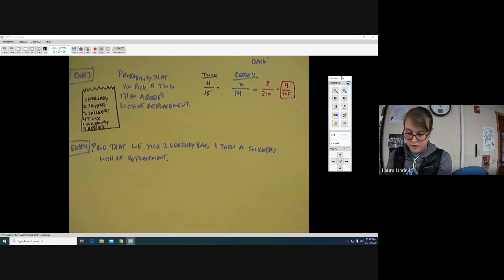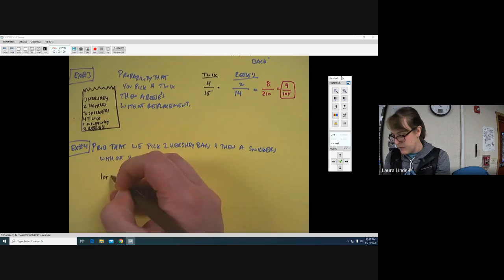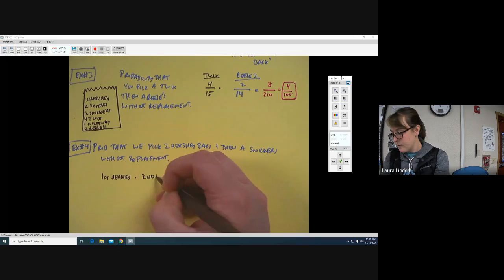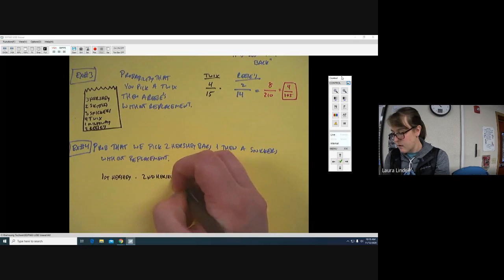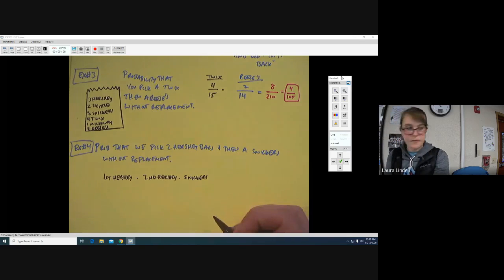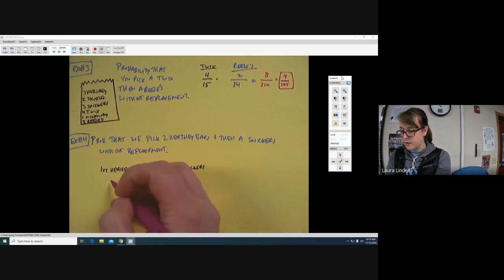Okay. So this time we're going to have to take the first Hershey probability times the second one times the Snickers. Okay, so the first time I pick a Hershey bar, my probability is 3 Hershey's out of 15 total candies.